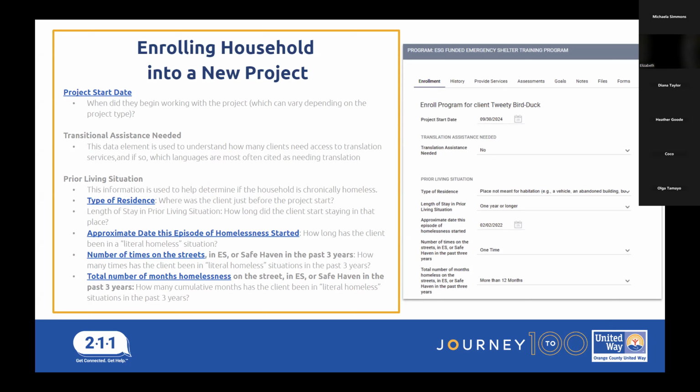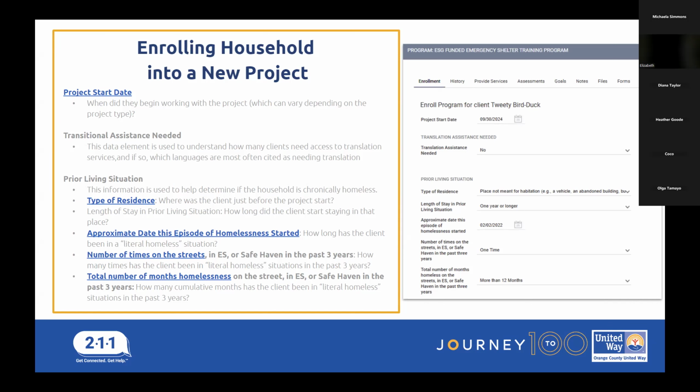There are some key points here that I want to cover because these data elements affect numerous HMIS reports. Project start date: when did the client begin working with the project? This can vary depending on the project type. There are certain parameters that need to be met, so be sure you understand what they are so you can determine when their project start date occurred.